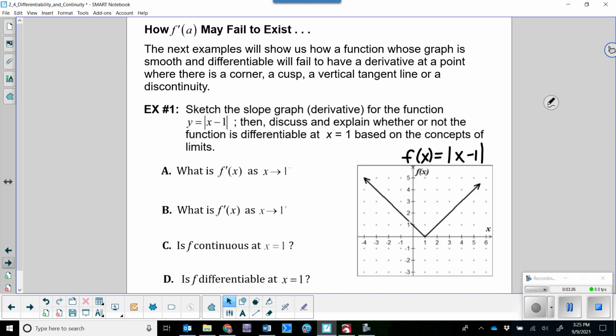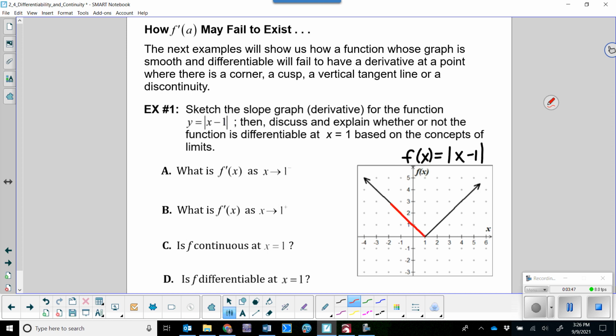So what is f prime of x as x approaches 1 from the left? Remember that when we are approaching from the left of 1 and asking the derivative, we're saying, what's the derivative as I come towards 1 from the left? Well, the graph looks like this on the left side of 1.